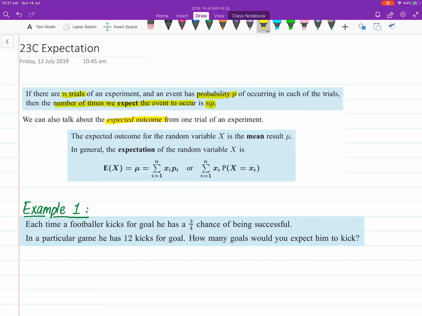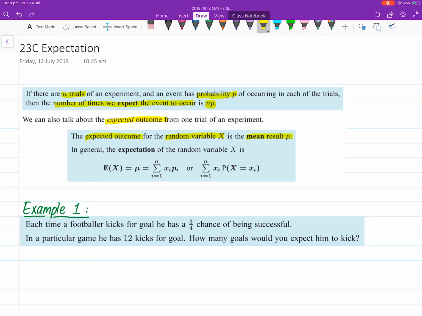Now, if we're looking at your random variable x, and we want to know the expected outcome for that, we can only find an average of all of those outcomes added together. So you get a mean result. Mu is this Greek letter here. So usually this is the notation that we use.